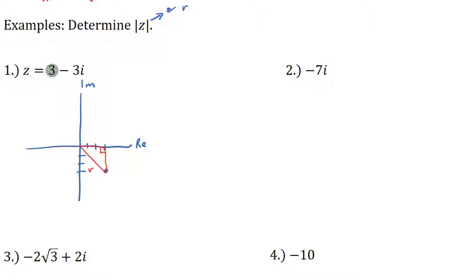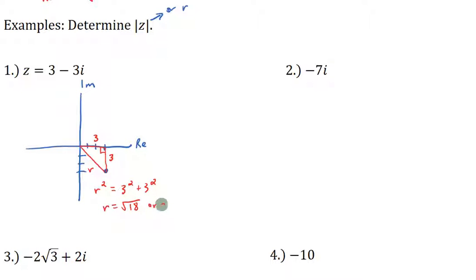Because this is in rectangular form, I've got a horizontal distance and a vertical distance here, and I could easily figure out r using the Pythagorean theorem. So r squared will be 3 squared plus 3 squared, which is 18. So r will be the square root of 18, which simplifies in lots of different ways.